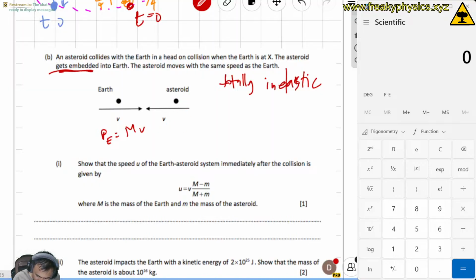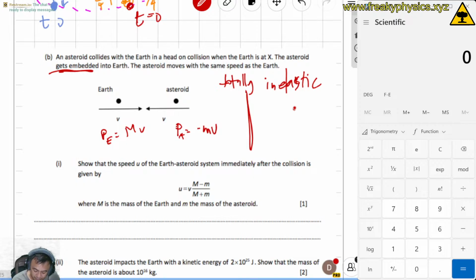Similarly here for the asteroid, the momentum of the asteroid would be small m v, but negative because of the opposite direction, right?